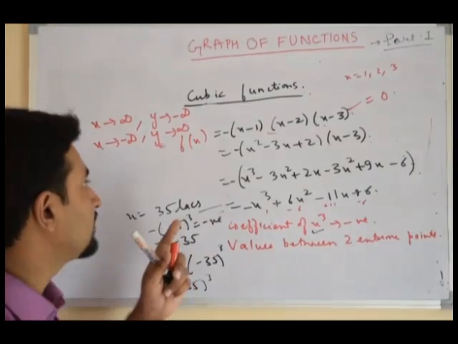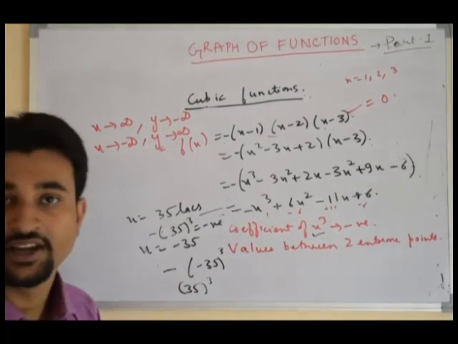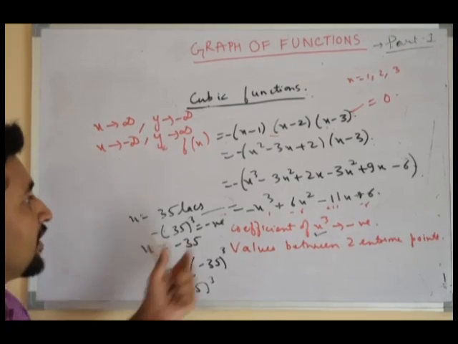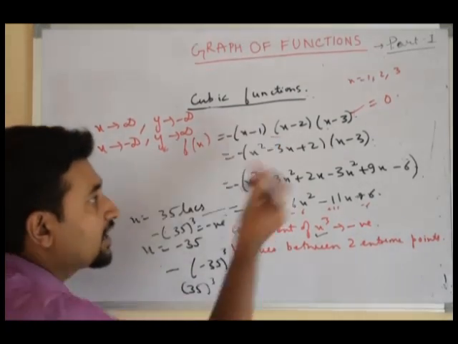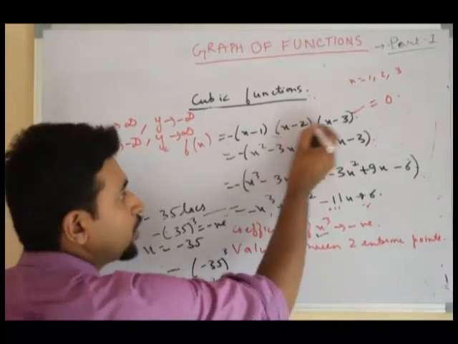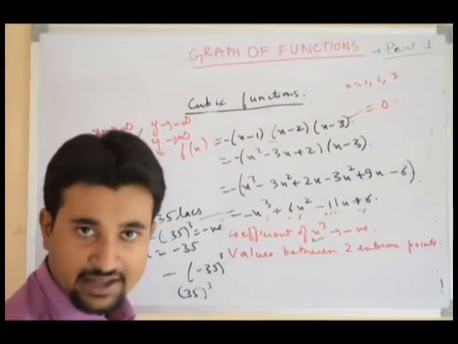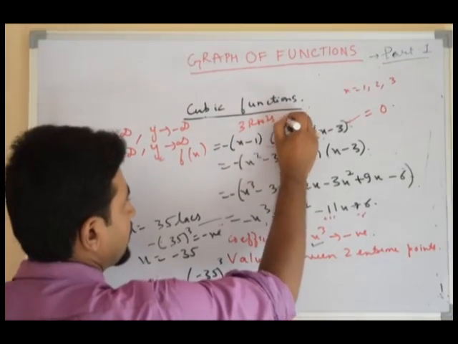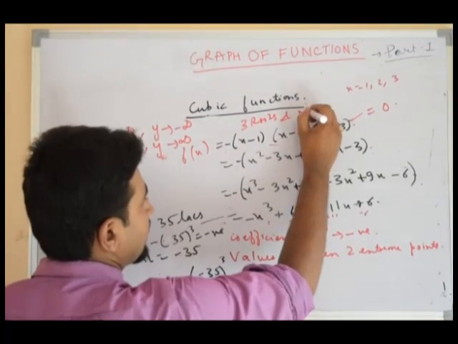Now we will draw the graph of this function. Before drawing this graph, one thing we are assuming here is that the roots are real and different. The three roots are 1, 2 and 3, so they are real and different.